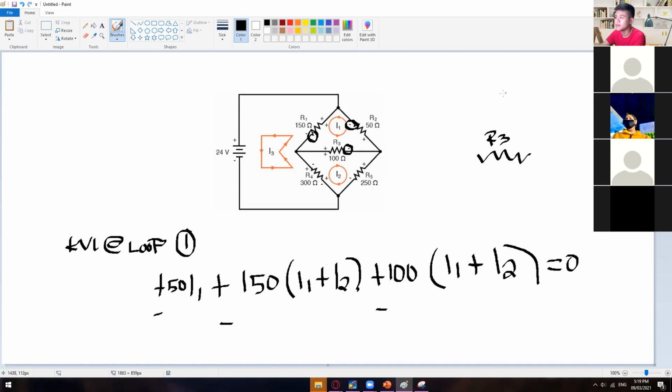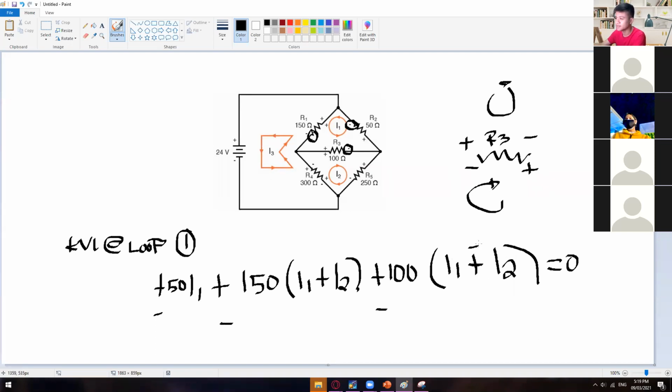For the I1, it has this symbol, positive minus, and then for the I sub 2, right here, we have minus and then positive. So that's the time that we'll be having a different sign for the I sub 2. So positive I sub 1 and then minus I sub 2.